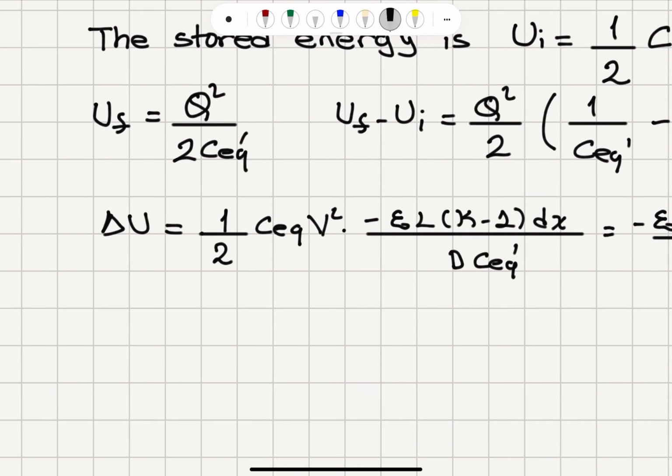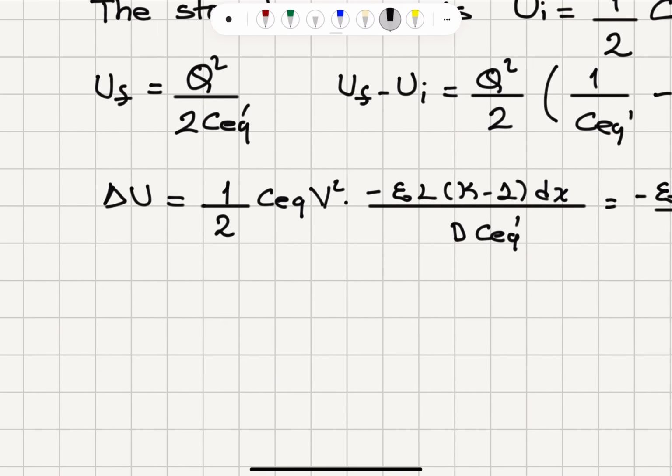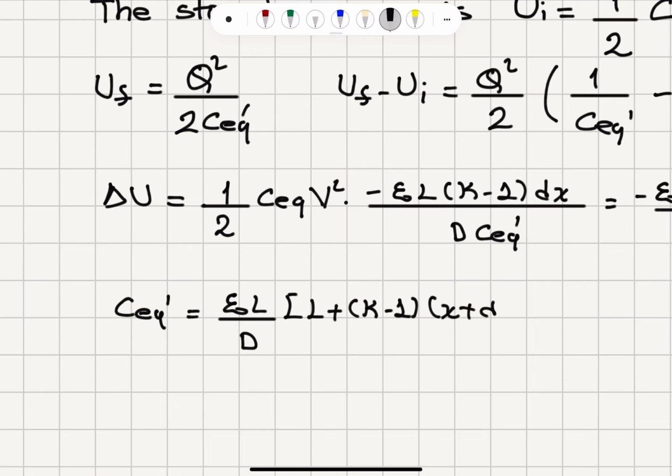And once again, let me write here explicitly what is C equivalent prime. C equivalent prime is epsilon 0 L over d times (L plus (kappa minus 1)(x plus dx)).